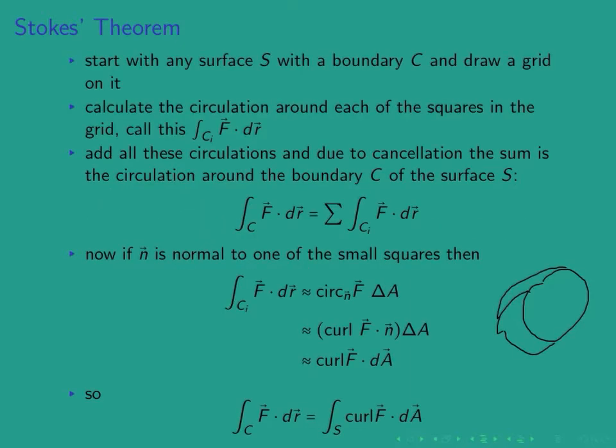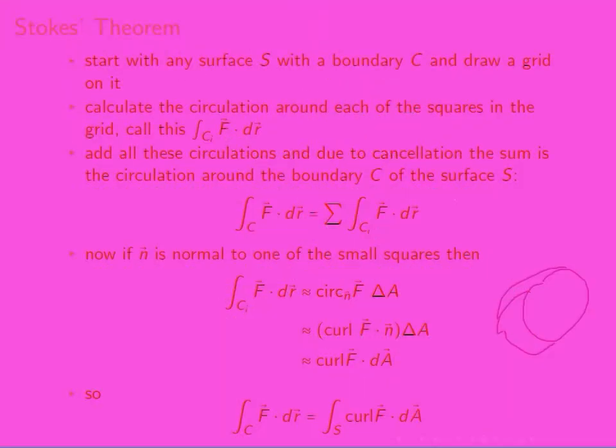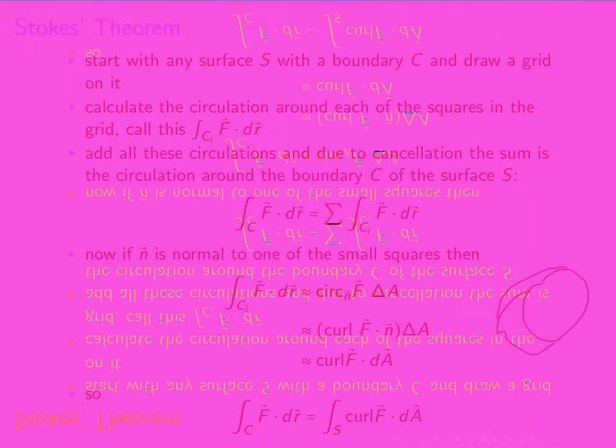Okay, so here's the idea of Stokes' theorem. First, I'll start with any surface S, and this surface could potentially live in 3 dimensions. So I'm imagining some surface down here that maybe looks like a bowl or something. And around that surface, I want there to be an opening, and I'm going to call that opening the boundary.